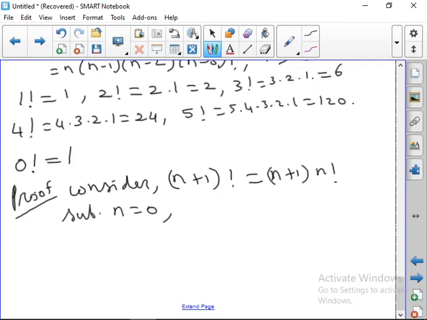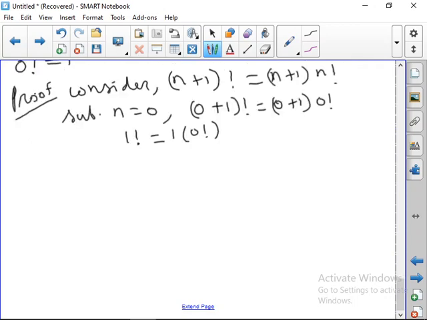When you substitute n equal to 0, you get 0 plus 1 factorial is equal to 0 plus 1 into 0 factorial. So 1 factorial is equal to 1 into 0 factorial. So what is 0 factorial? 0 factorial is equal to 1 factorial by 1, which is equal to 1, because 1 factorial is also equal to 1. So you should know this.